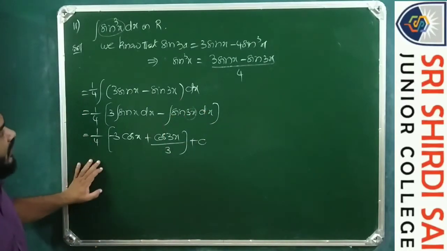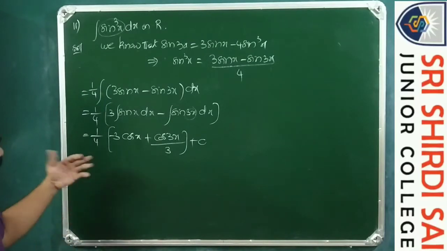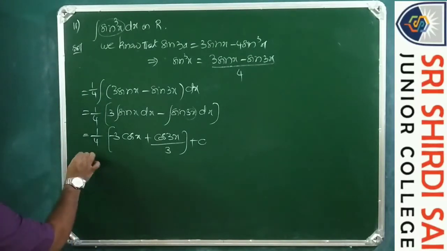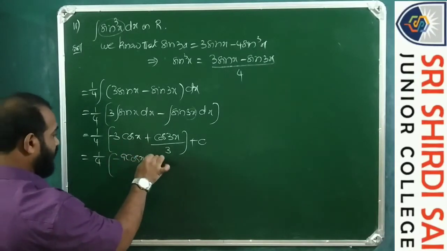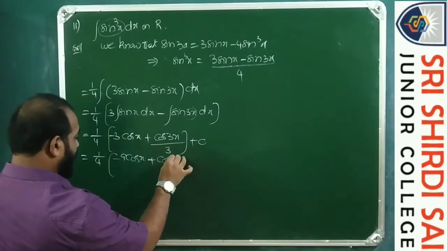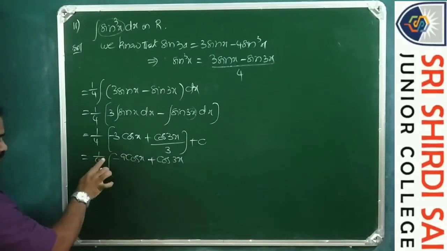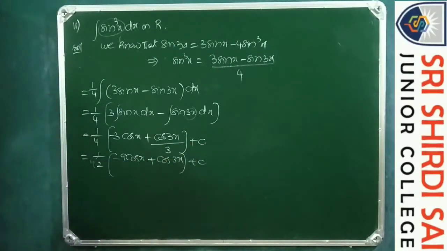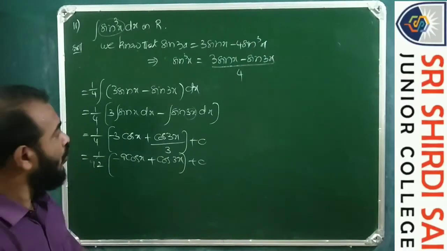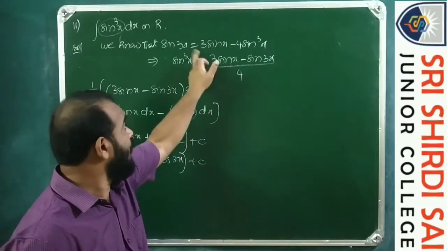So this is the answer for that. You may even simplify this further. So 1 by 4 into minus 9 cos x plus cos 3x by 3, 4 threes are 12, plus constant of integration c.